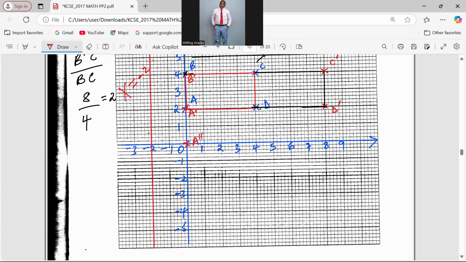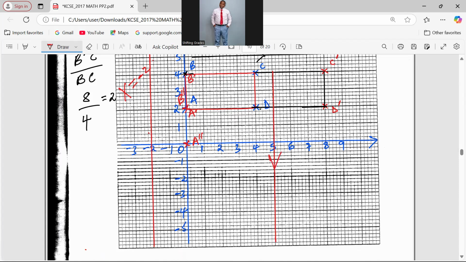Where there was A now, we will have our B there. So B double prime will come there. And remember, the points along CD are also supposed to move in the same direction. So they will move in a direction like this.